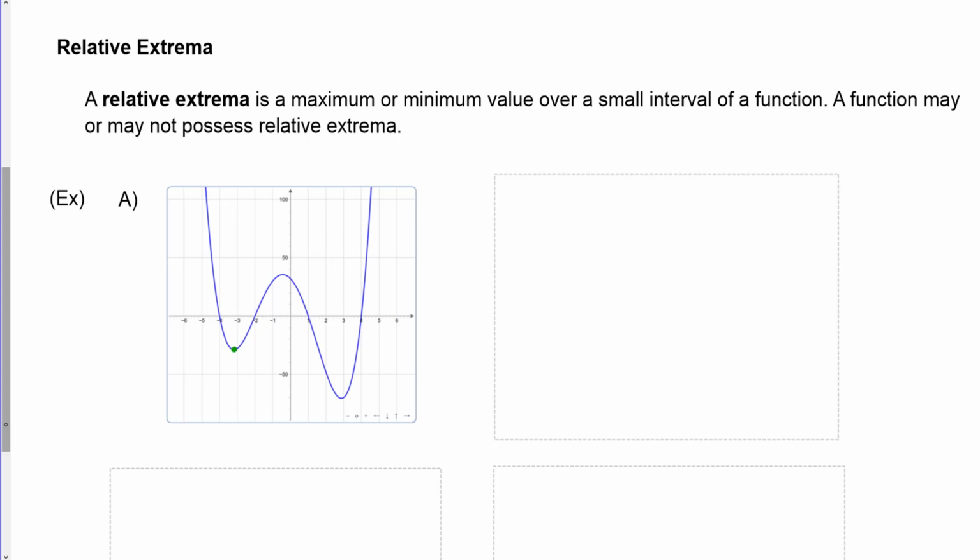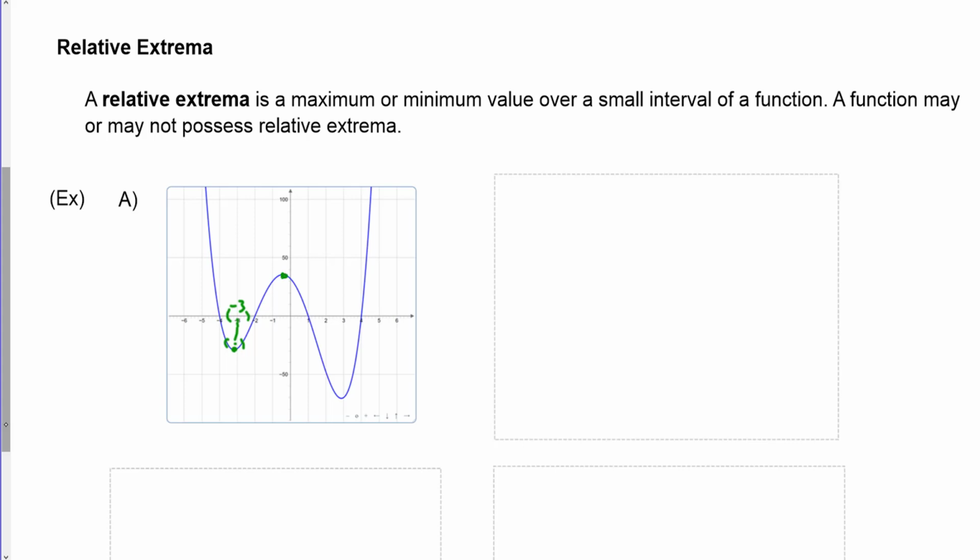This minimum is occurring where x is -3. So at around a small range of numbers around -3, that's the smallest value. It isn't the smallest value of the function overall, it's just the smallest over a small range.